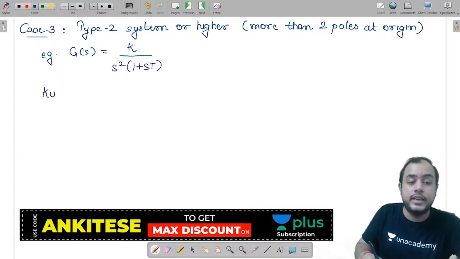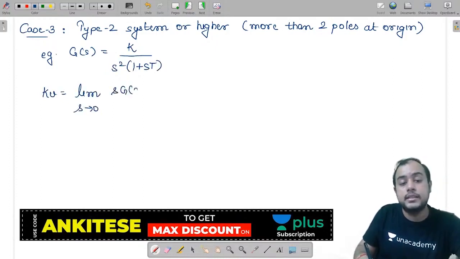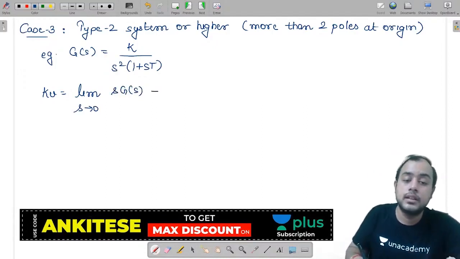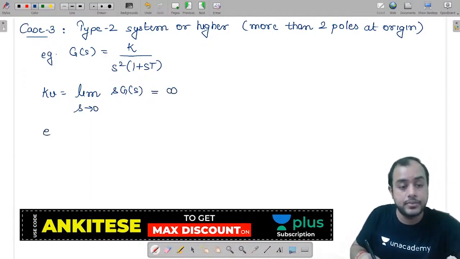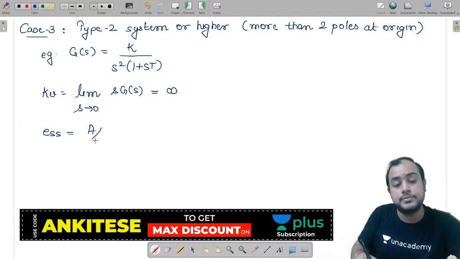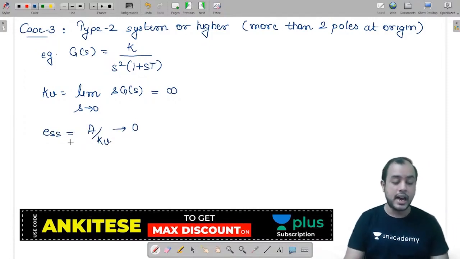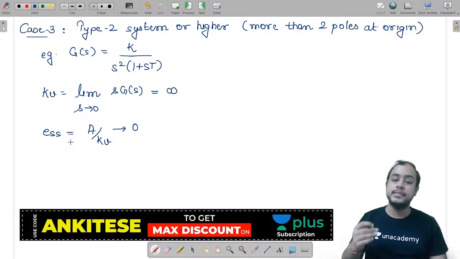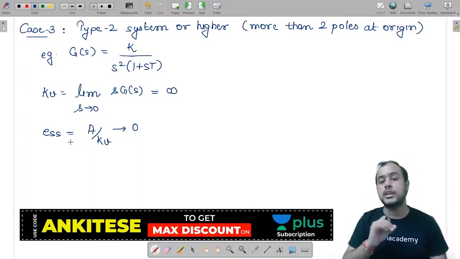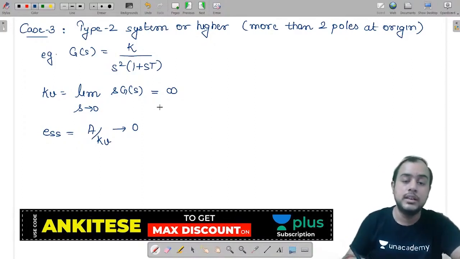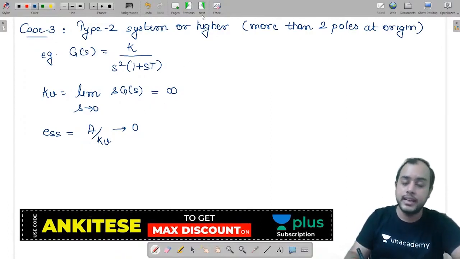Now when you find Kv, limit s tending to 0 of sG(s), one s is cancelled, but one s will remain in the denominator. That means Kv will be infinity, and the steady state error will tend to 0. The steady state error for system type 2 or higher will be 0. That means if you want 0 error for the case of ramp input, you should construct a system of type 2 or higher. Is that clear everybody?